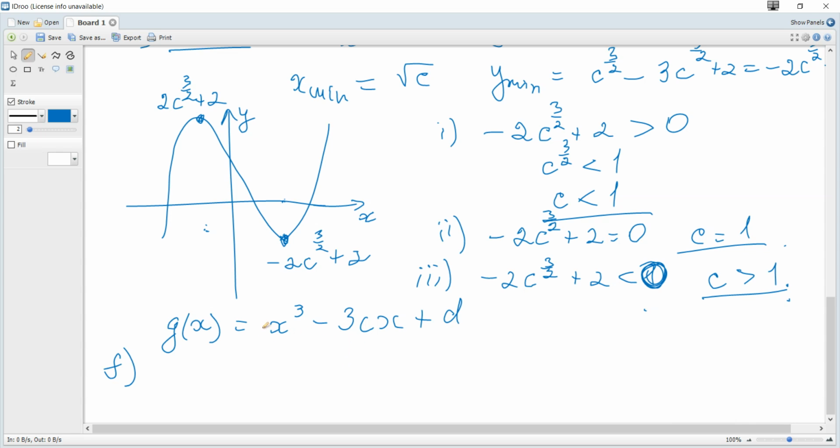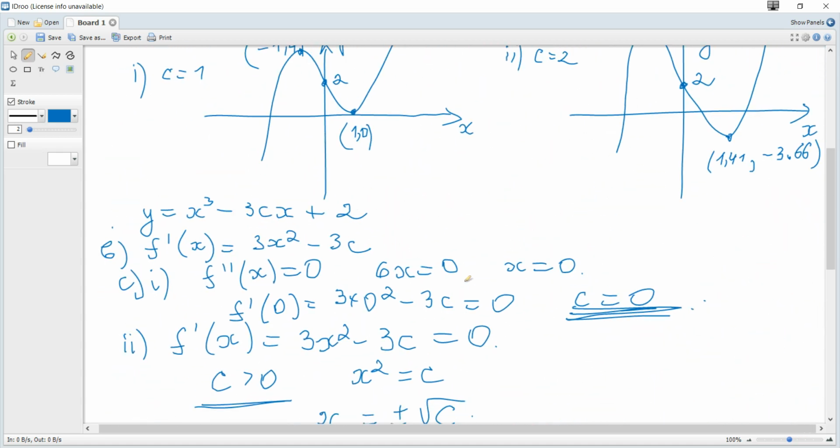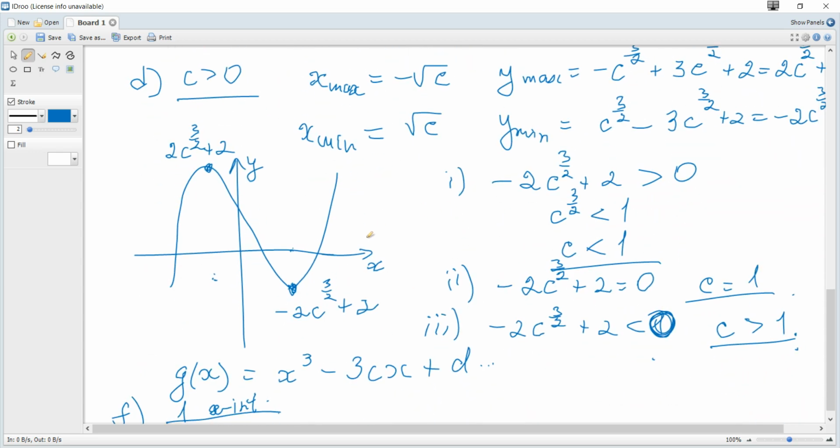Explaining your reasoning, so we need one x-intercept, 6 marks. So this function is actually the same, but d instead of 2, so just the y-intercept changes. It becomes d instead of 2.